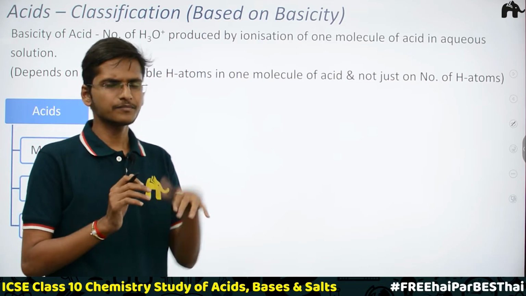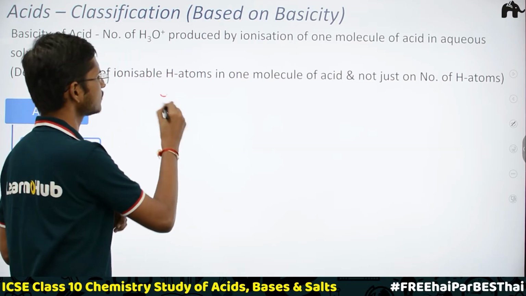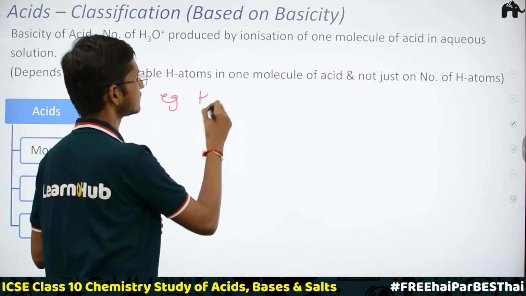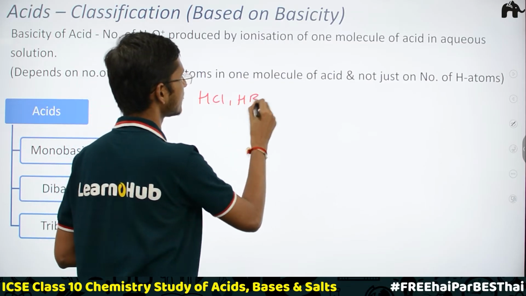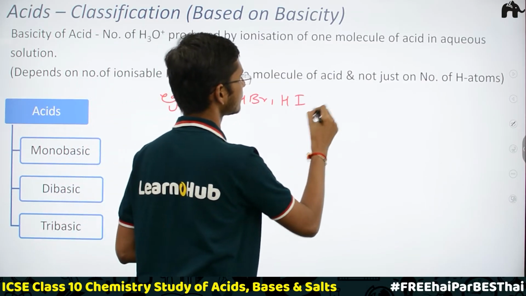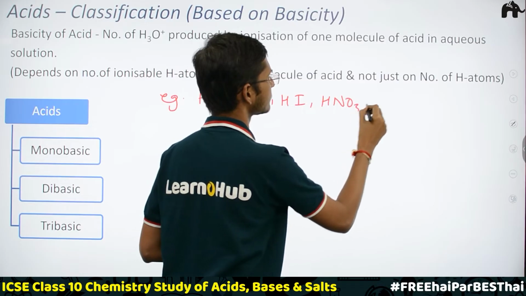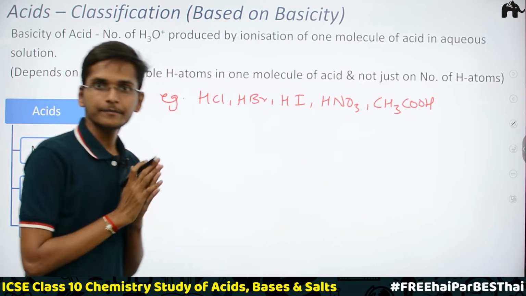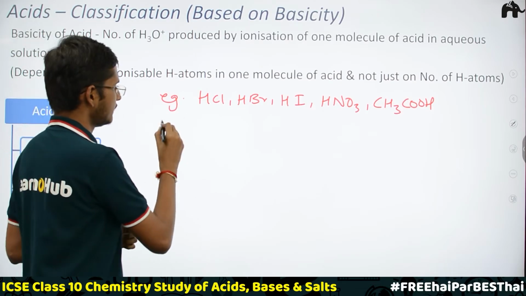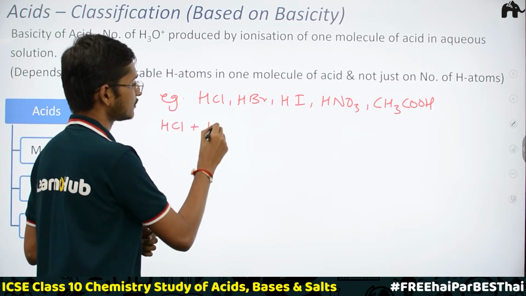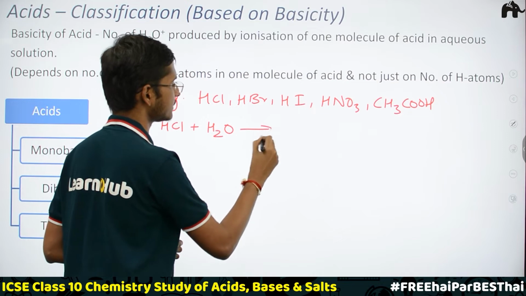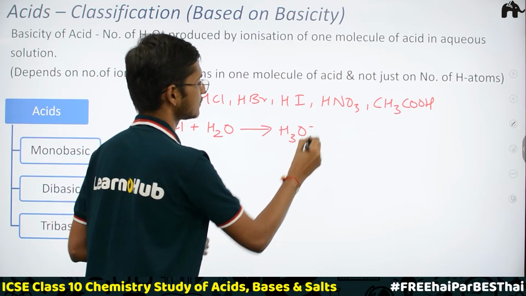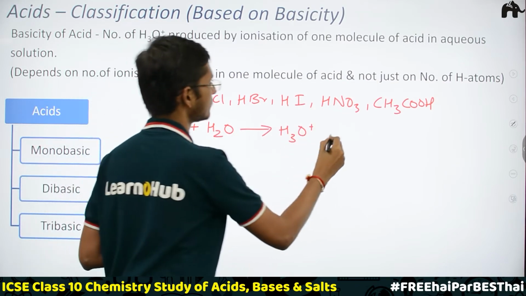And one last thing before moving to dibasic acids: we have just now seen the examples of monobasic acids, HCl, HBr, HI, HNO3 and CH3COOH. We know how to write the ionization equation for HCl, which we have already studied: HCl plus water gives H3O plus plus Cl minus.